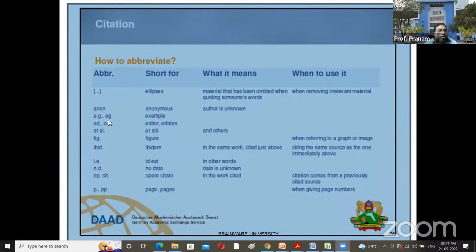Already I explained these words, some of them are here also. EG means example, you all know it. Then ed means editor. Et al means, suppose Pidhor et al means Pidhor is one of the authors, there are other authors. Then fig means figure, Ibid, op. cit. I have mentioned. So these are the ornamentation you have to deal with carefully for ornamenting your thesis.